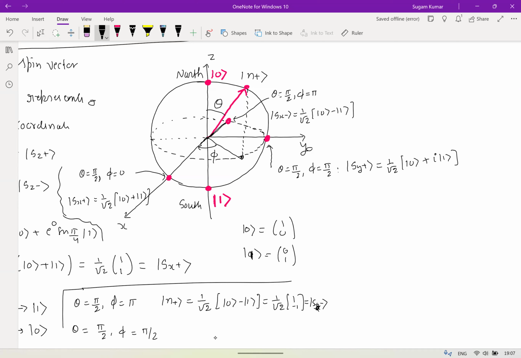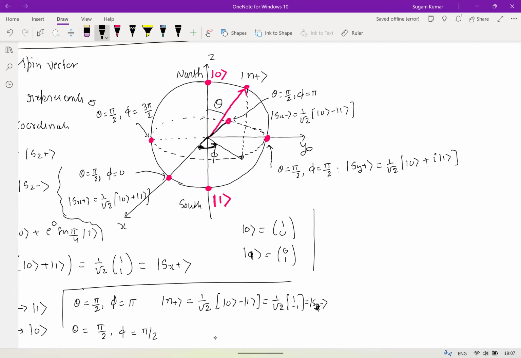And you can see the last part, when theta, I mean, you want to go to this location. So this is the location where theta is pi by 2. And what is the phi value? 3 pi by 2, correct? Sorry, that angle will be like this way.